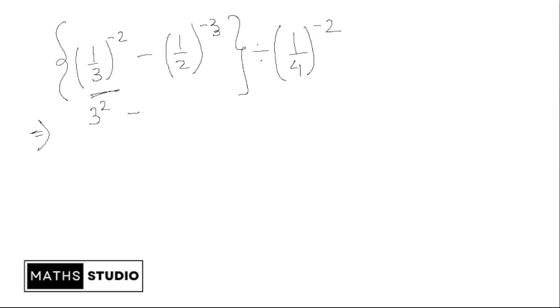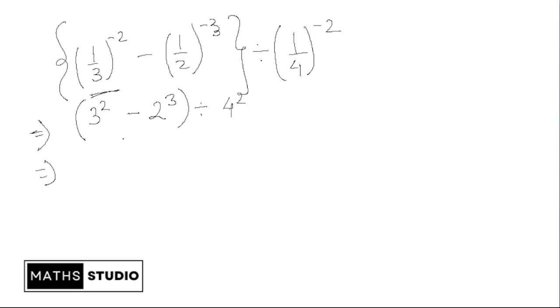Then we have minus 2 to the power 3. How? Same thing. 2 is in denominator, 2 to the power minus 3. It comes to the numerator, it becomes 2 to the power 3. So we have taken care of one of the monsters, divided by, again same thing, this will become 4 square.